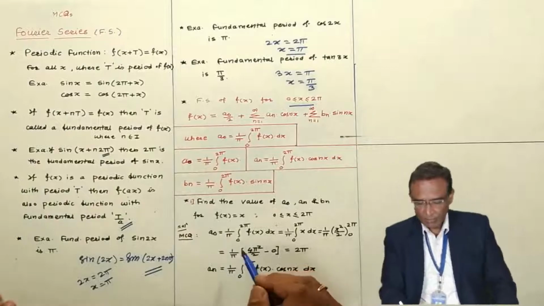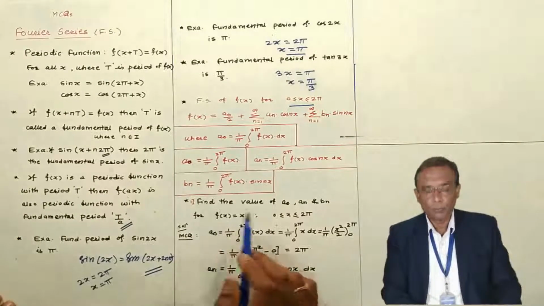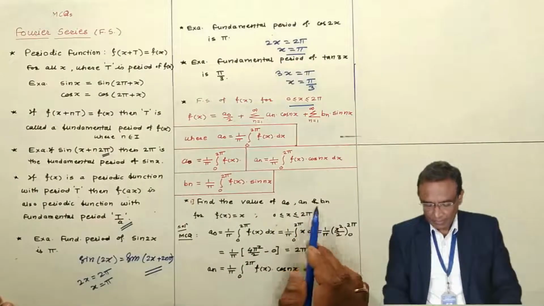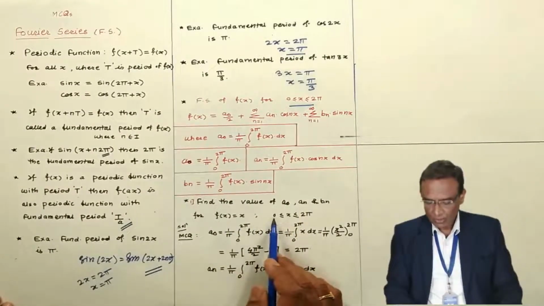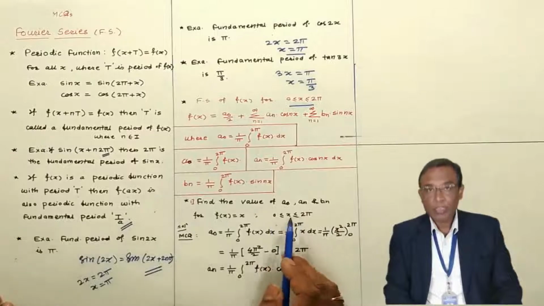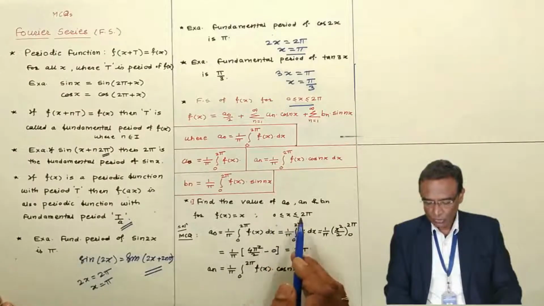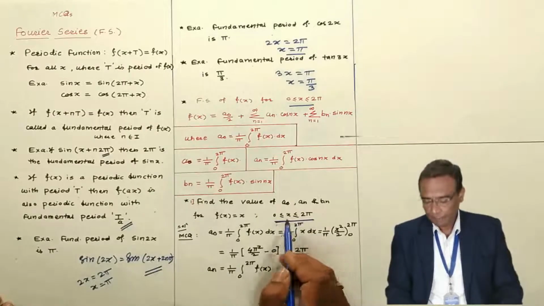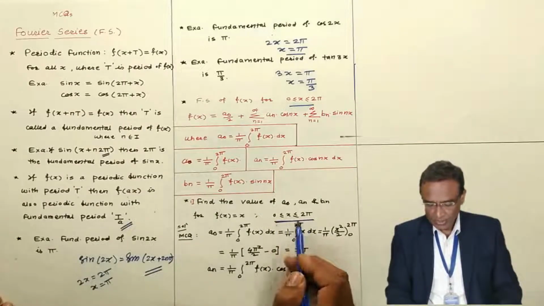Now, very quickly, some problems on Fourier series. Find the value of a0, an, bn for this function, where x belongs to 0 to 2 pi. In Fourier series, first of all, we have to check the range. What is the range? 0 to 2 pi is the range.